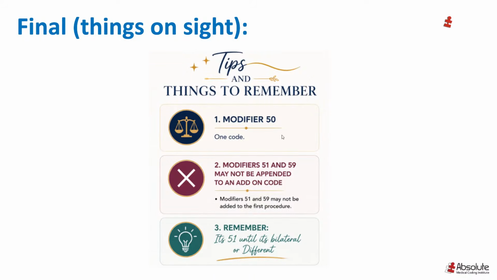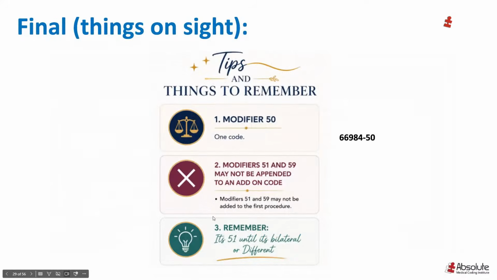But I want to leave you with this. Modifier 50 we know is bilateral, and modifier 50 is appended to any bilateral code. As long as the code language doesn't say it's bilateral, you can put a modifier 50 on any code, whether it's sequenced first, a primary procedure, or not.